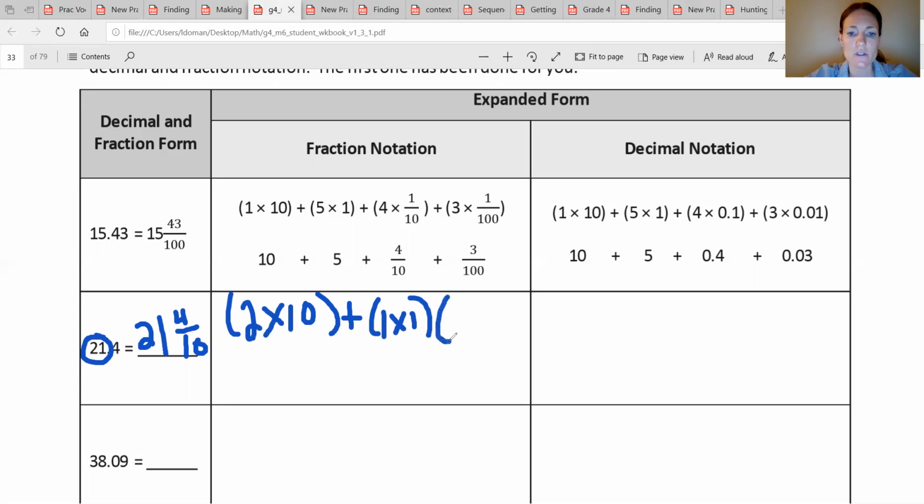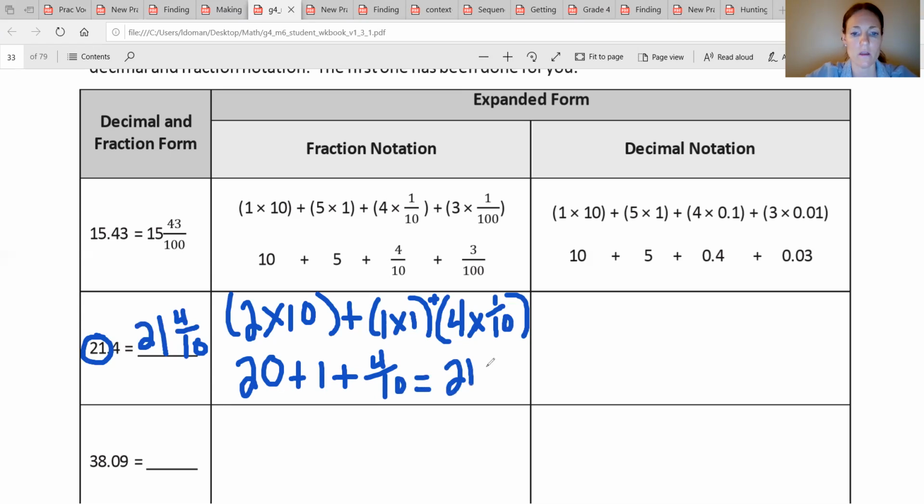Now what I can do is multiply 4 times 1 tenth. And that will give me 4 tenths. So now I'm going to add it up all together. 2 times 10 is 20, plus 1, plus 4 tenths equals, you got it, 21 and 4 tenths.